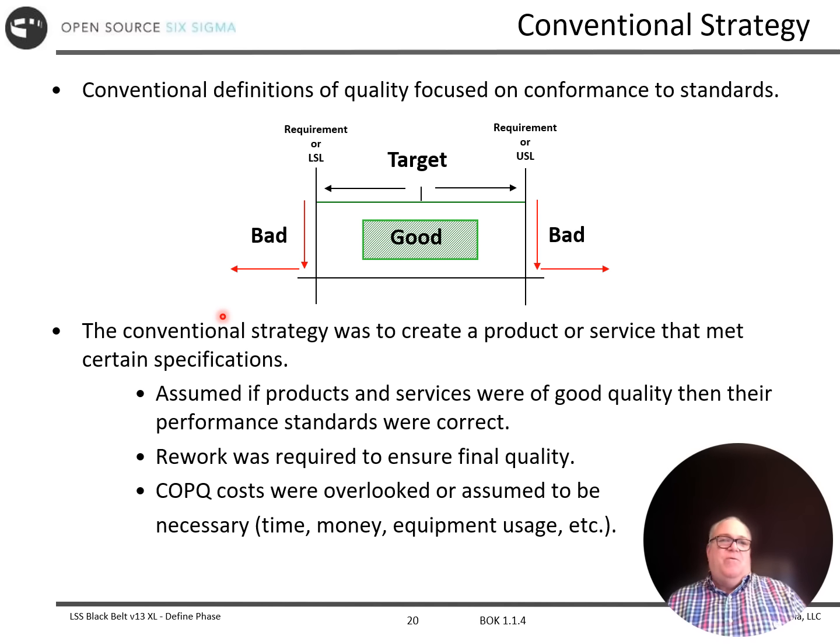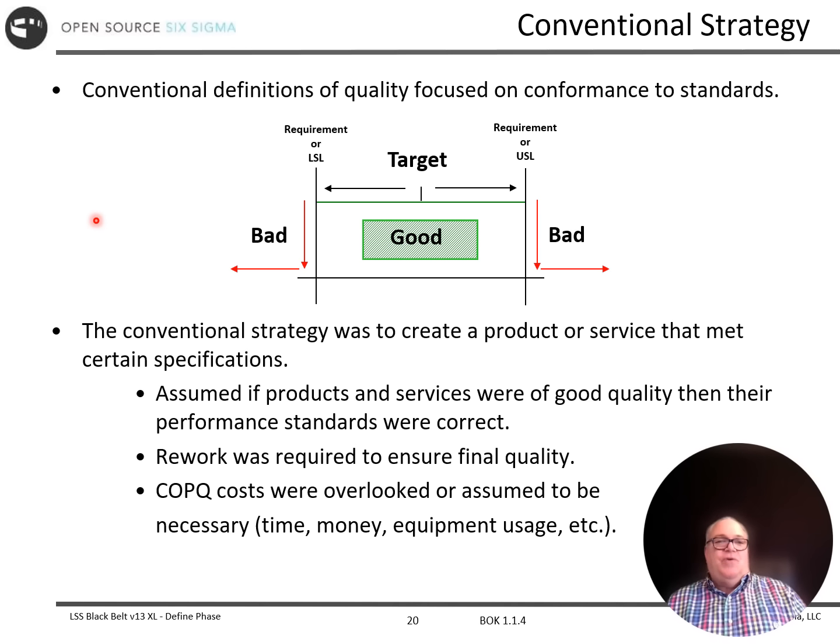And what we're going to say is, we really need to look a little more strongly at how much of this we can do right the first time. Can I get rid of the extra finesse processes that move the product into the conformance area? And we'll even look at the fact that the closer I can get on target, perhaps my customer is even more satisfied as I shrink the variability in my output.